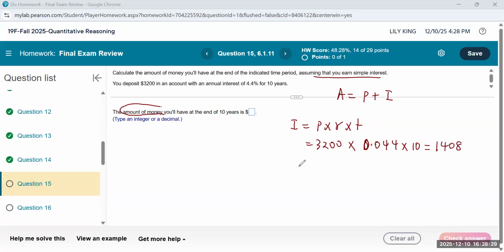You have to add that back to the principal to get the amount. We have 4608.